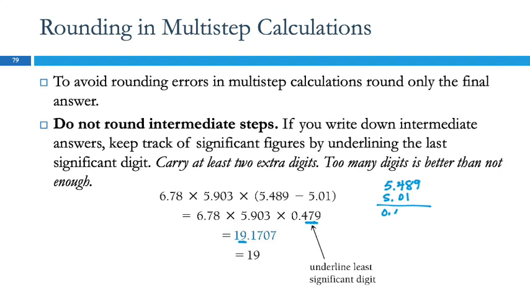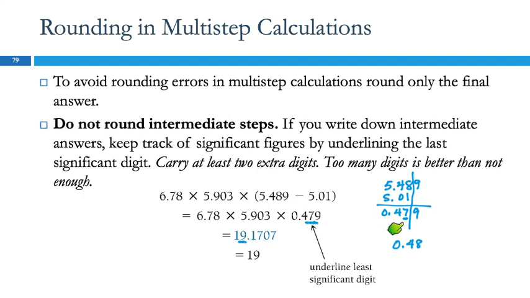So we get 0.479, but the 9 is after. So if I was stopping there, I'd say it's 0.48, 2 decimal places, right?